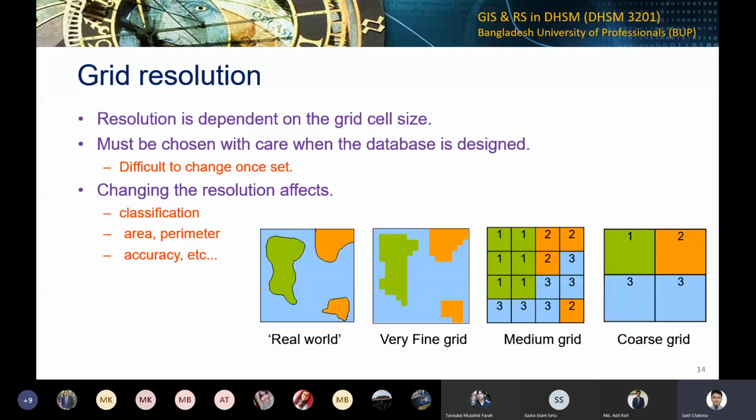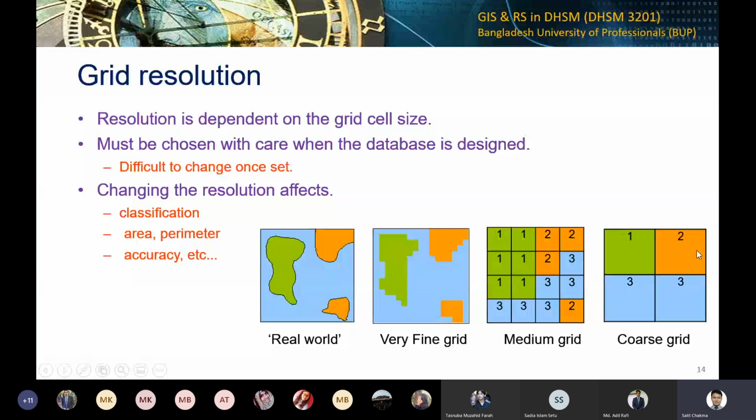So the algorithm says, okay, in my pixel, 75% is water bodies, so this entire pixel will be represented as water bodies, because one single cell or pixel can hold only one single value or only one class. So it discards the urban area and converts the entire region to water bodies. So sometimes the area is gained and sometimes the area is lost.